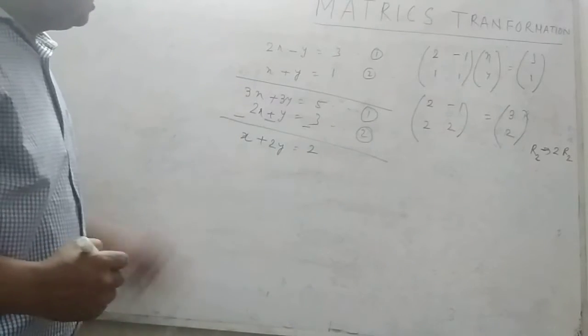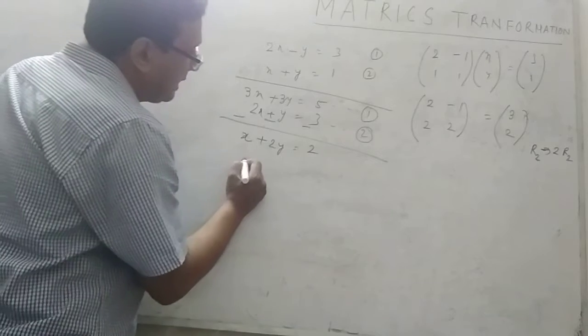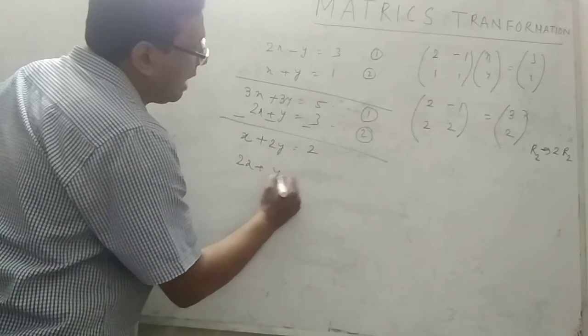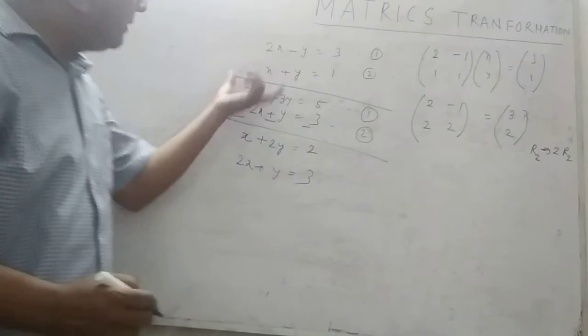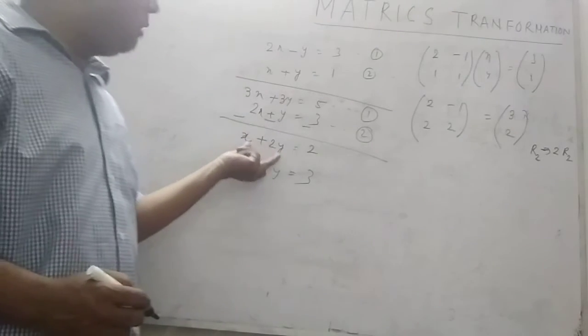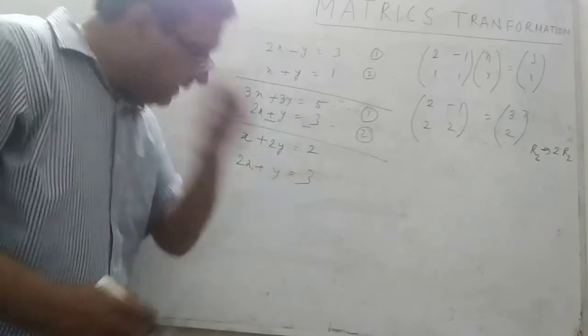Now, again I rewrite 2x plus y is equal to 3. So I have got two new equations by subtracting: x plus 2y is equal to 2 and 2x plus y is equal to 3.